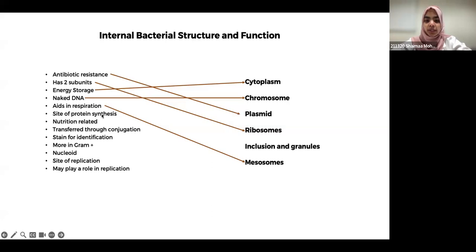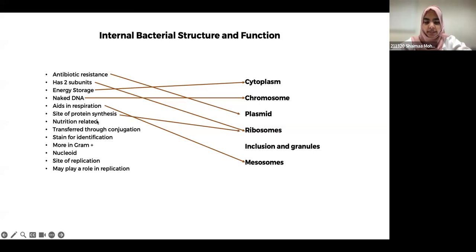Site of protein synthesis. Which organelle? Ribosomes. No, cytoplasm is where everything is. The ribosomes are in the cytoplasm, but ribosomes are the ones that do the protein synthesis.